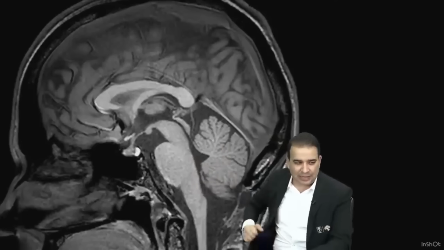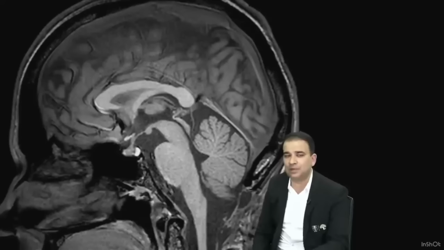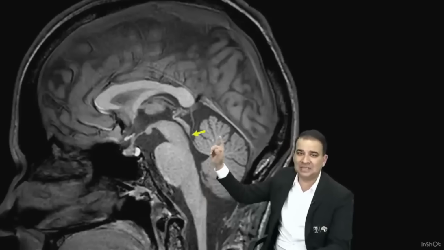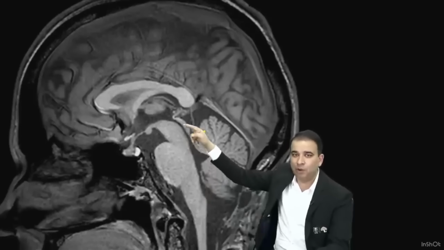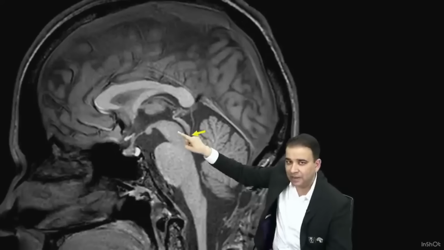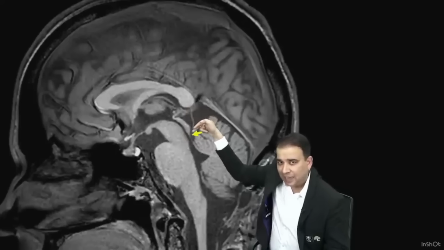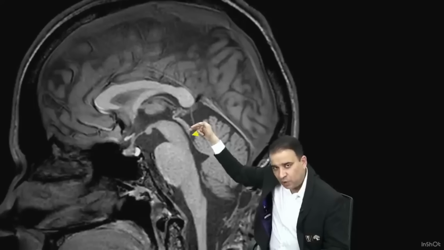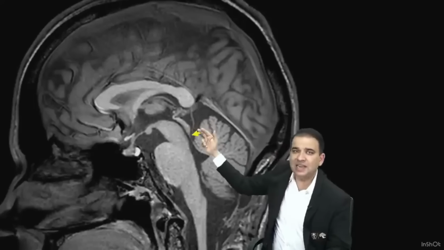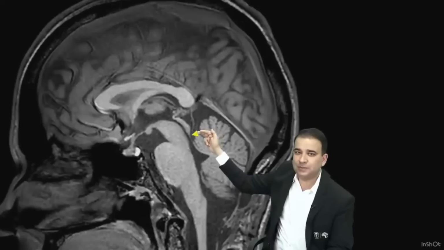Now, in recent times there was a question where the arrow was placed somewhere behind the midbrain, below the inferior colliculus. If this is the midbrain, this has to be the superior colliculus and this the inferior colliculus. If the arrow is placed below the inferior colliculus or behind the midbrain, there is only one nerve, guys. The only nerve coming out from the dorsal aspect of the brainstem is the fourth nerve.